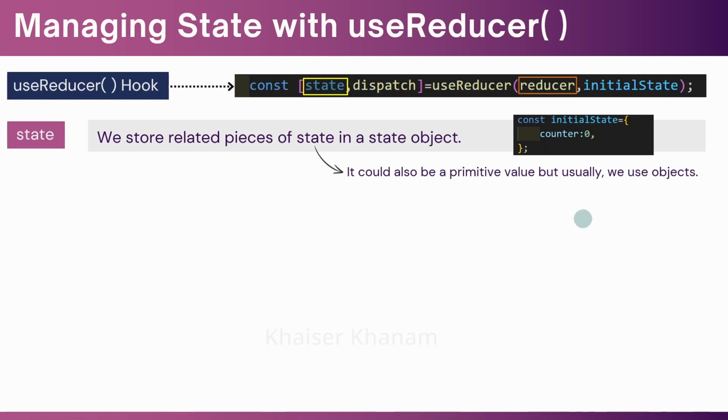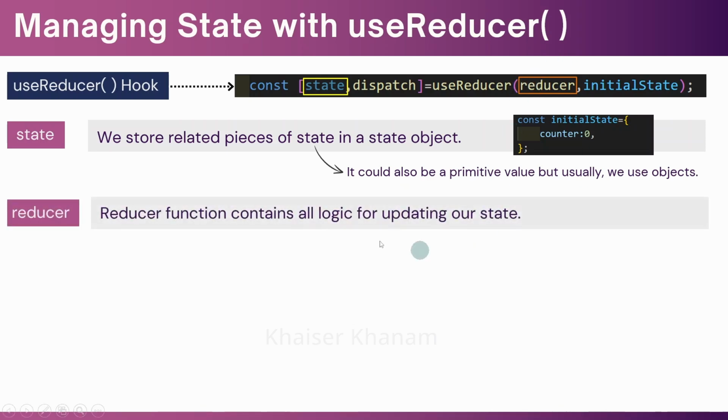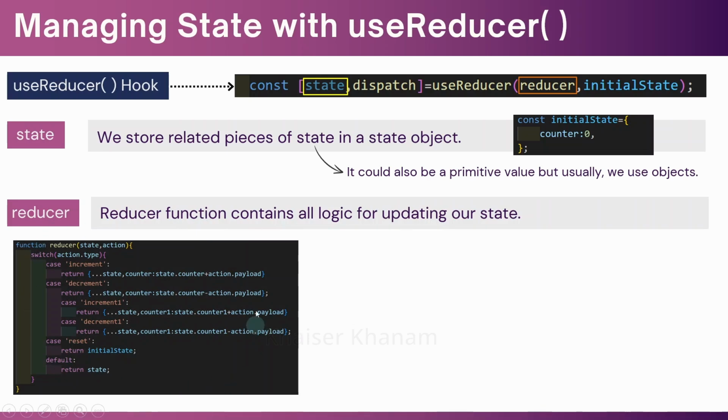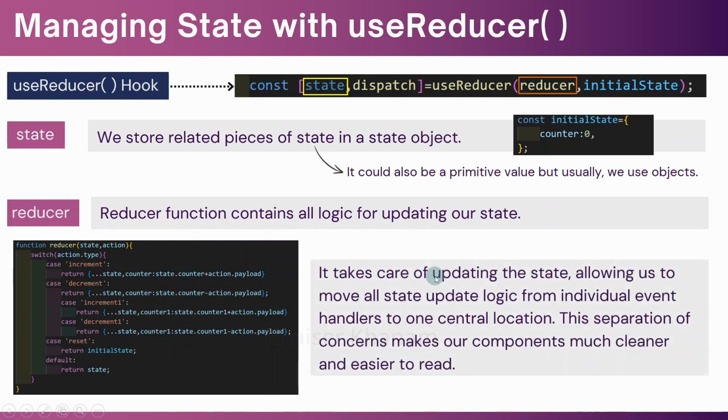Now we already know our useReducer needs something called a reducer function in order to work. Our reducer function is going to contain all the logic for updating our state. This is how we define a reducer function, and it takes care of updating the state. It allows us to move all the state update logic from individual event handlers to one central location.